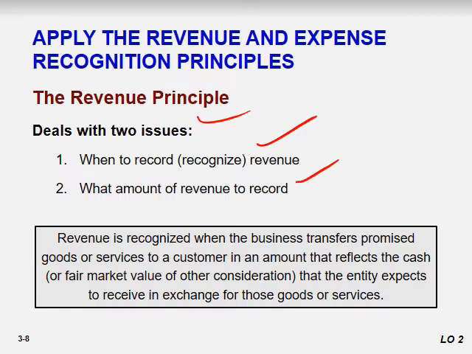So revenue is recognized when a business transfers promised goods or services to the customer in an amount that reflects the cash or fair market value of other considerations that the entity expects to receive in exchange for goods or services. Now the question should be, why is the fair market value of other considerations recorded here?